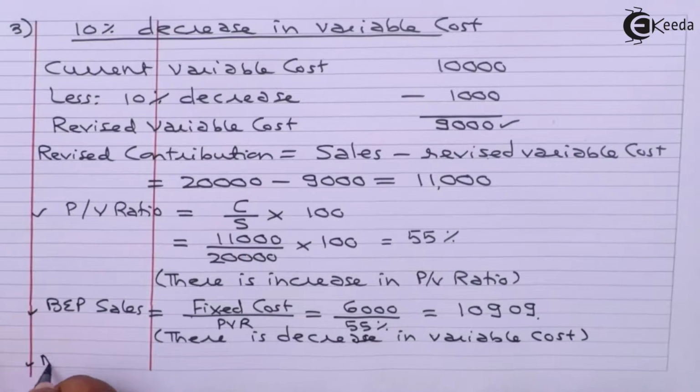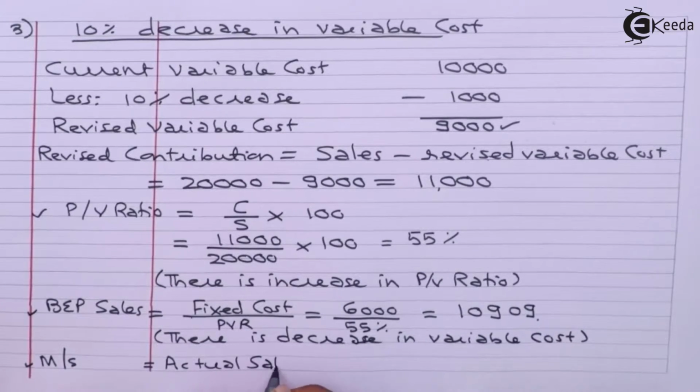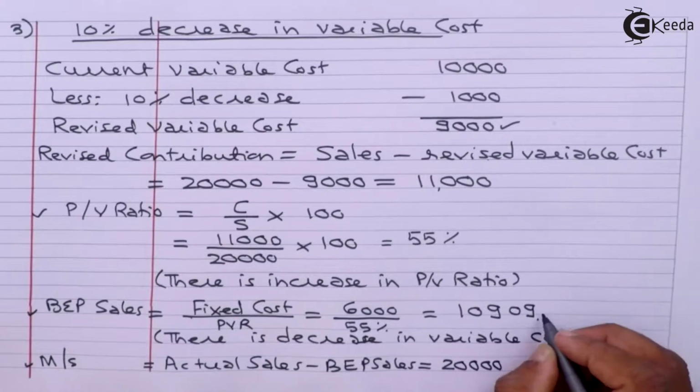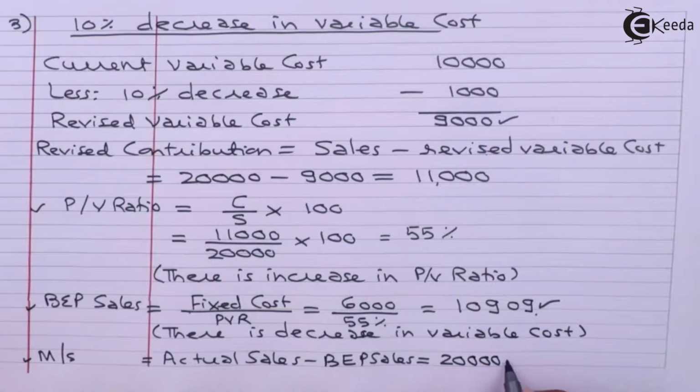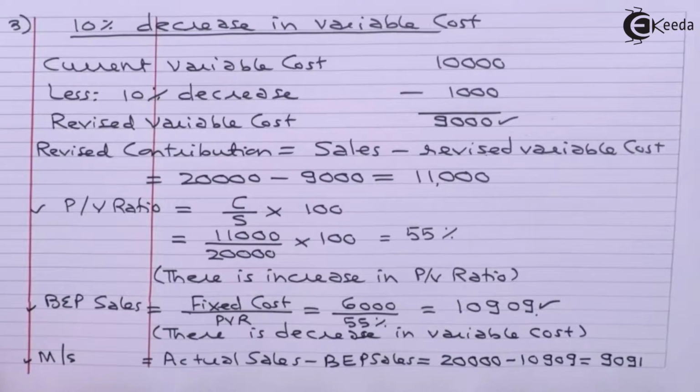Last, margin of safety. Actual sales minus break-even point sales. Actual sales 20,000. Break-even point sales 10,909. It comes to 9,091.